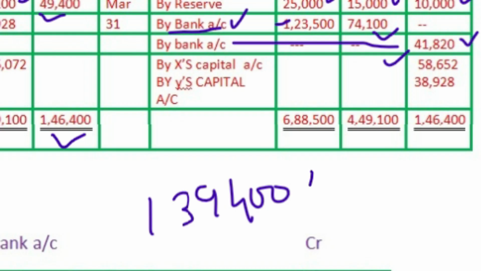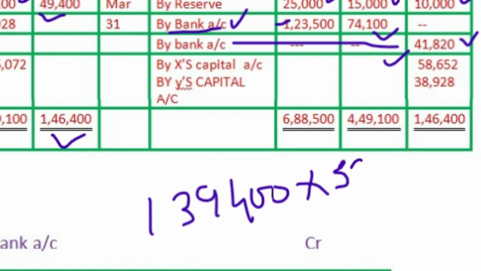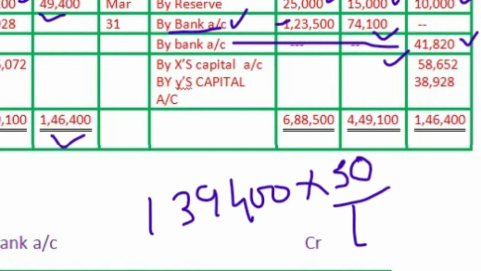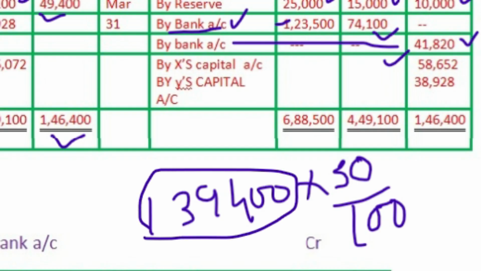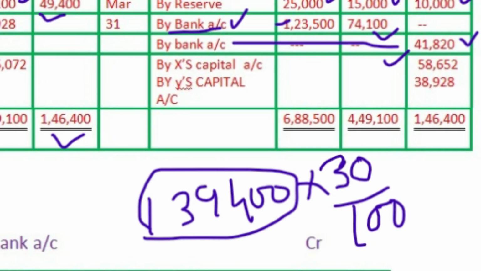Of this amount, Z will bring only 30%. If you calculate 30% of 1,39,400, you will get 41,820. All right, understood?